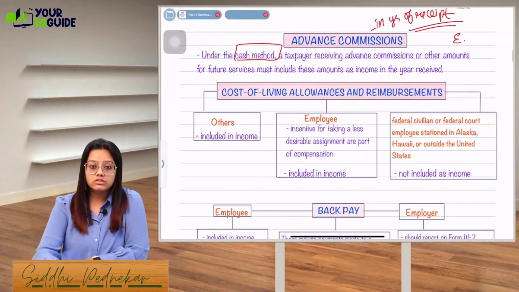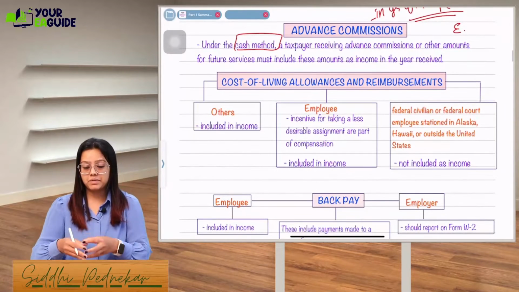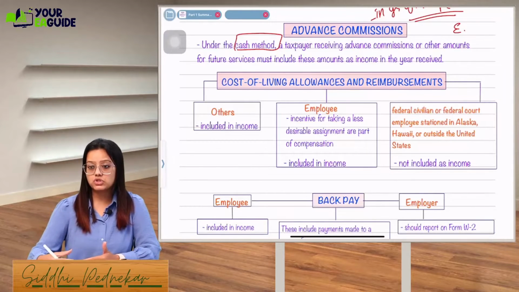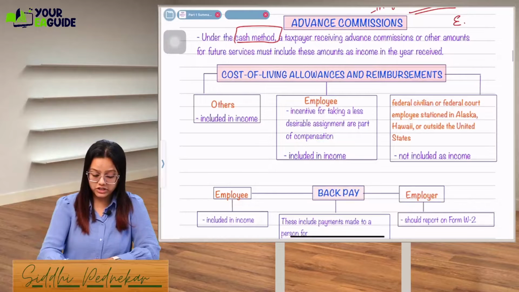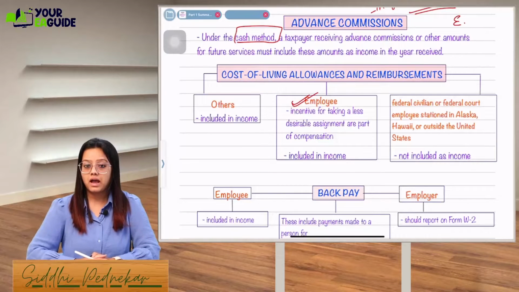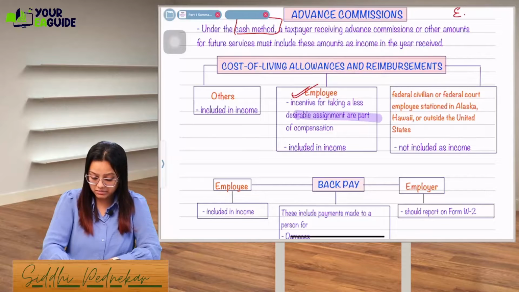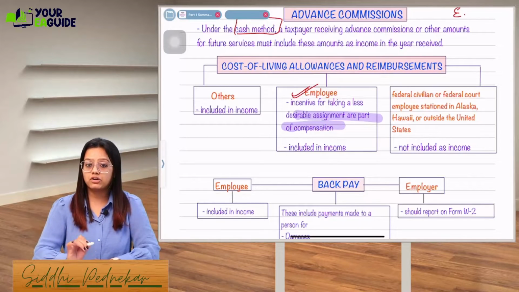Okay, cost of living allowance and reimbursement. Say the employer provides some cost of living allowance to their employees. If it is provided as an incentive for taking a less desirable assignment, as a part of compensation, it will be included in the income.